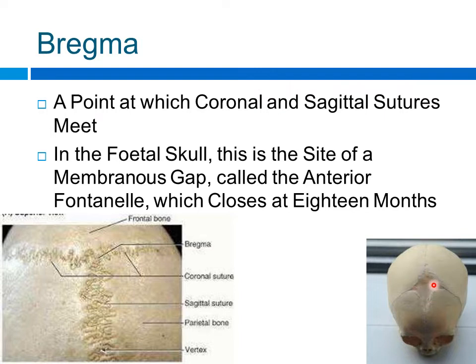So what is bregma? It's the meeting point between the coronal suture and the sagittal suture, and it represents the anterior fontanelle in the fetal skull, a membranous gap which closes at the age of 18 months to 2 years.